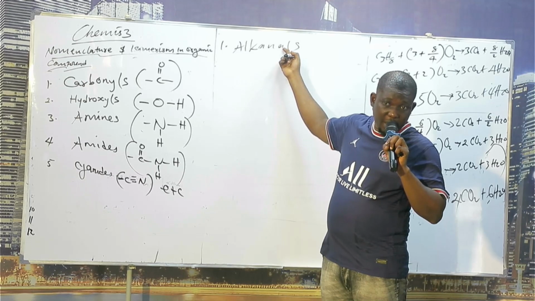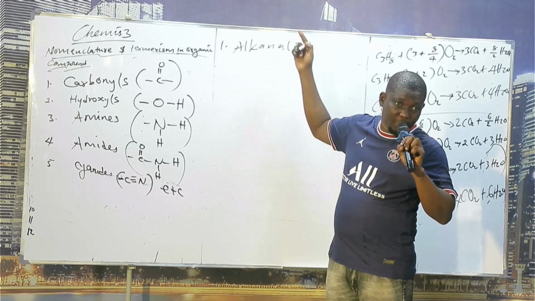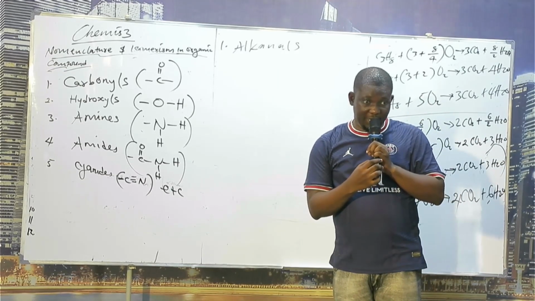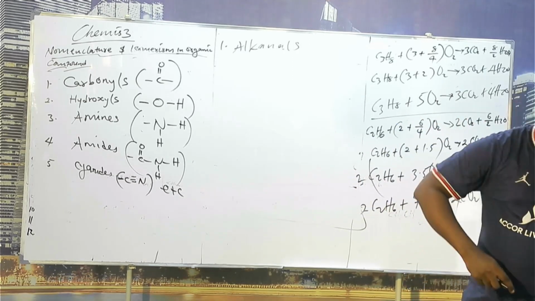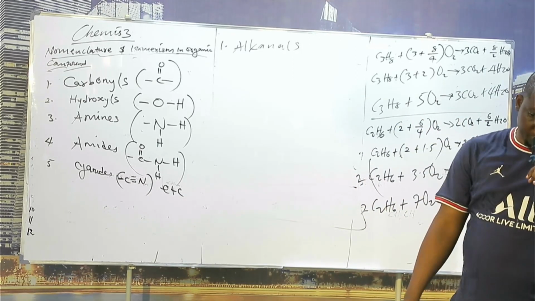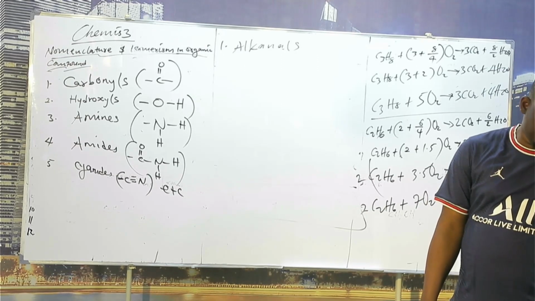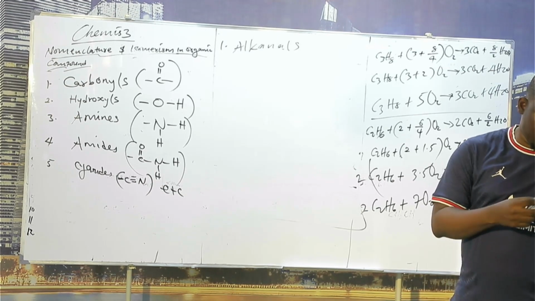Write it down so you don't forget it: a carbonyl linked to a hydrogen atom is a functional group of alkanals.